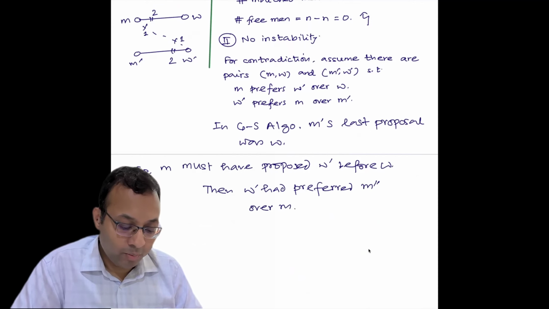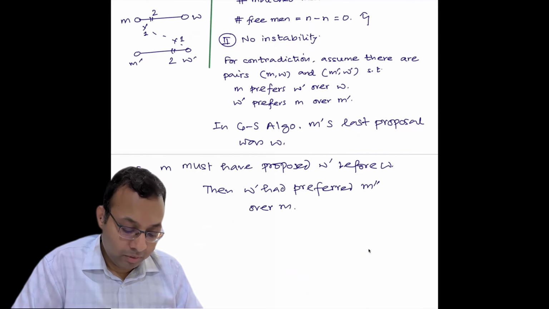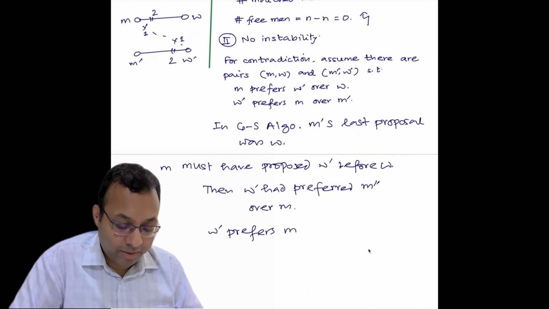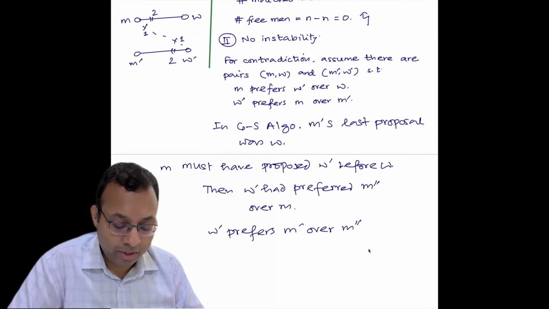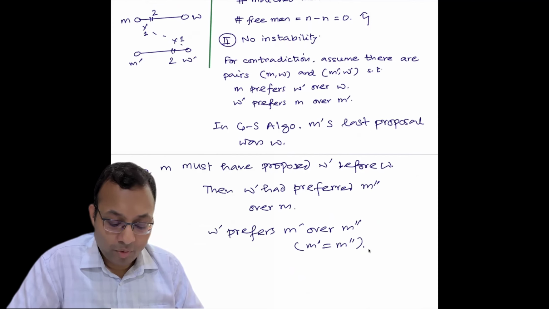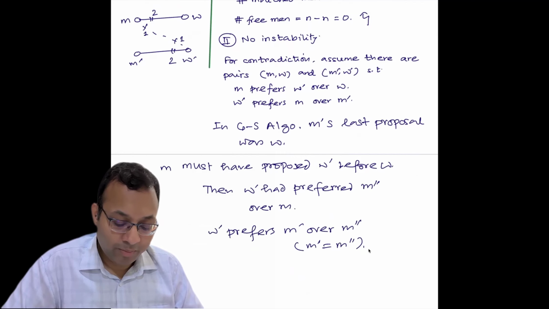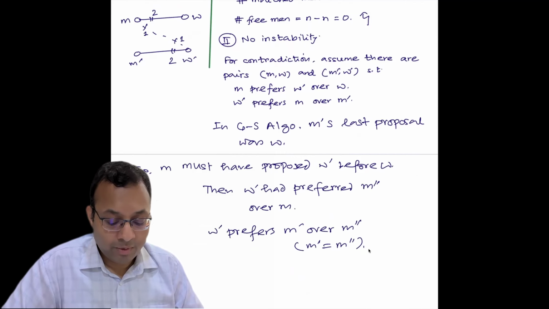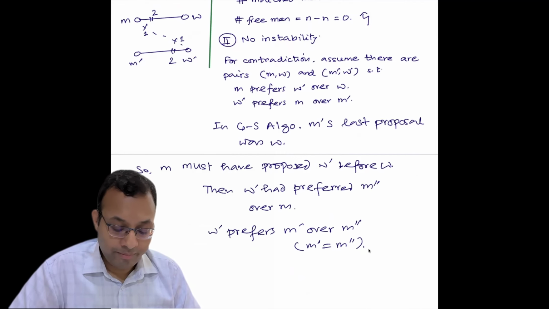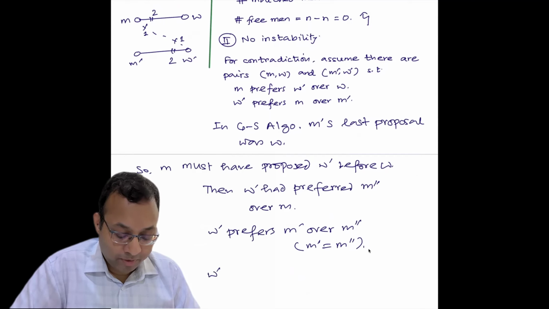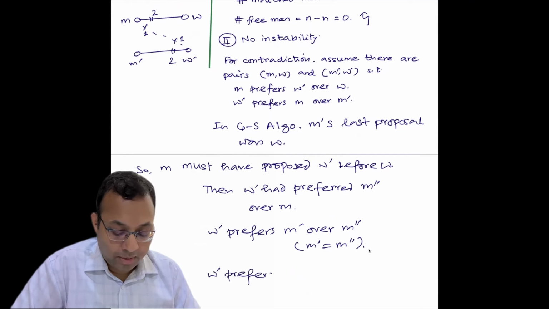And at the end, W' is matched with M'. And the choice gets better and better for women. So W' prefers her final match M' over M''. It will only get better. Or it could also be the case that M' equals M''. But in both cases, we get that W' prefers M' over M'', and W' prefers M'' over M. So that means W' prefers M' over M.